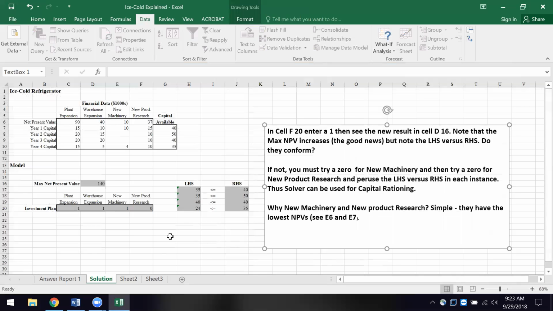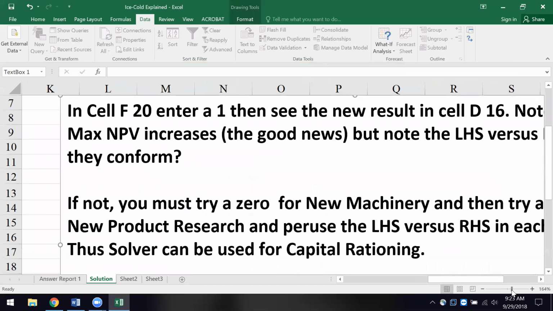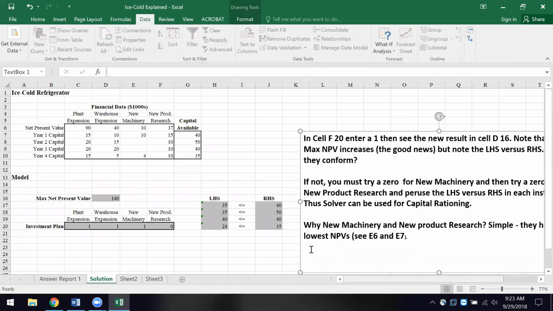There's our model. There's the capital available. And let me take a minute and explain what we've got there. Let me come back up here for a moment. Here I've got the net present value that I can obtain, this is the net from each of these steps.